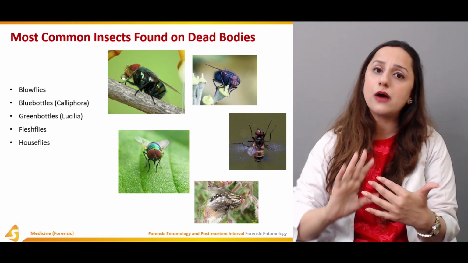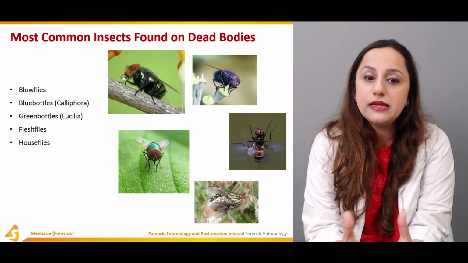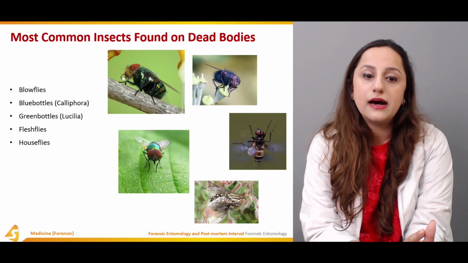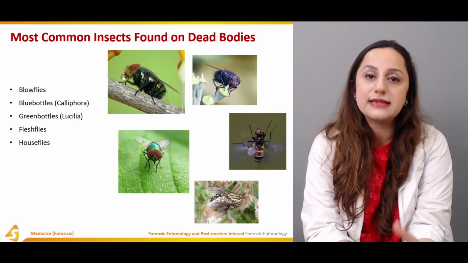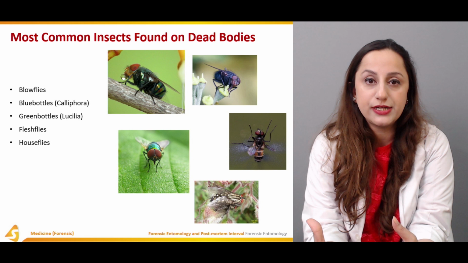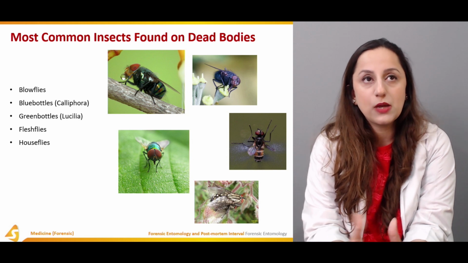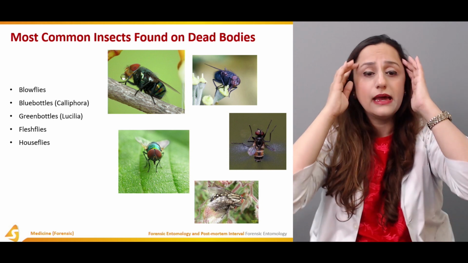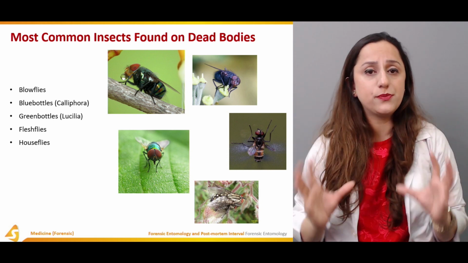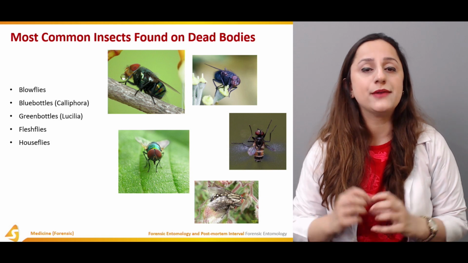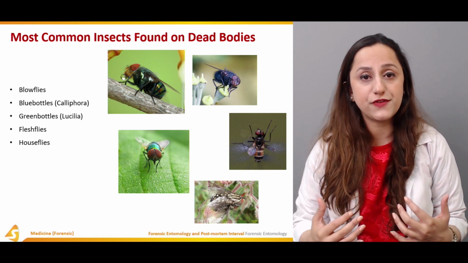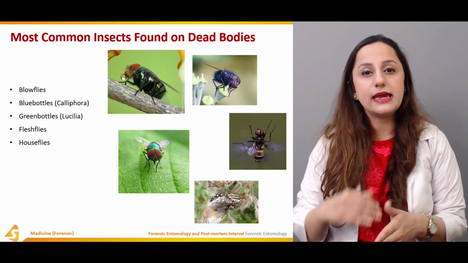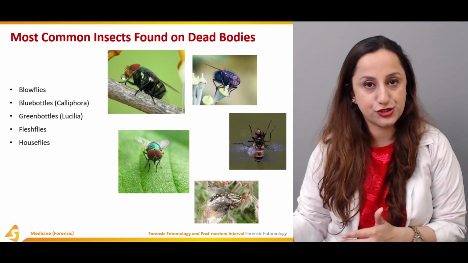Another difference is that the bluebottles and blowflies prefer to feed on fresher bodies, for example, within 12 to 24 hours after death. If we find a dead body with larvae and pupae of houseflies and flesh flies, then we should be sure that the body is in some later stage of decomposition.